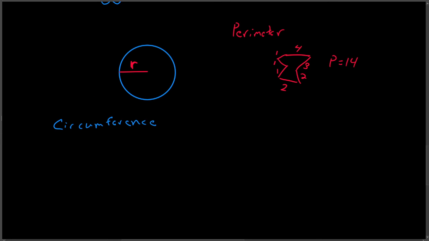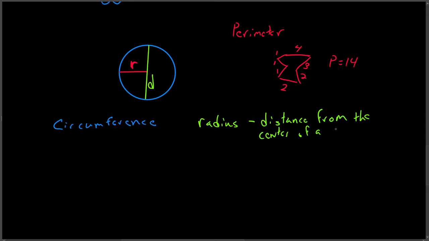It gets a special name. And so we're going to have 2 ways to talk about circumference. And they'll use 2 pieces of the circle. We can either have the radius, which has my letter R here, which is the distance from the center of a circle to the edge.